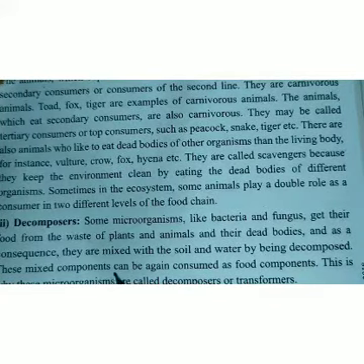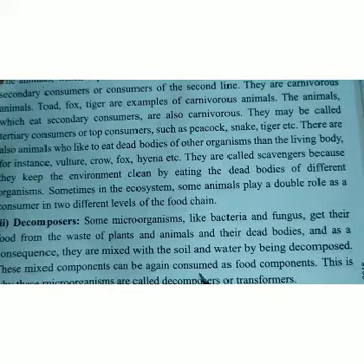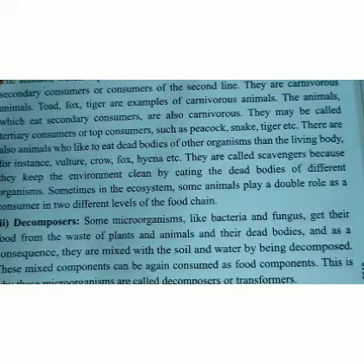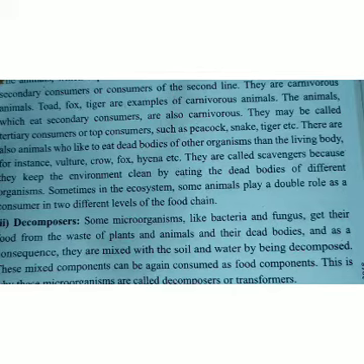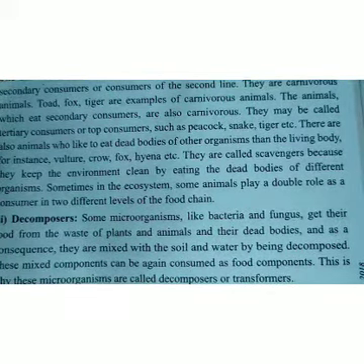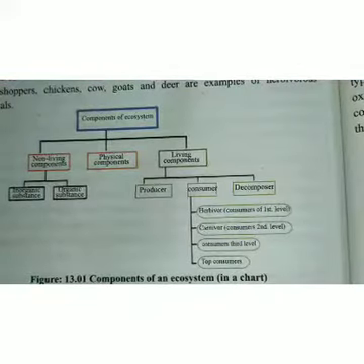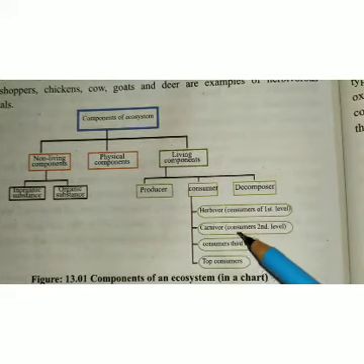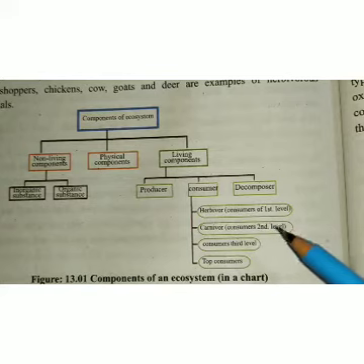This mixed component can be again consumed as food components. This is why these microorganisms are called decomposers or transformers. This is the chart of components of an ecosystem. There are various types of components in our environment.